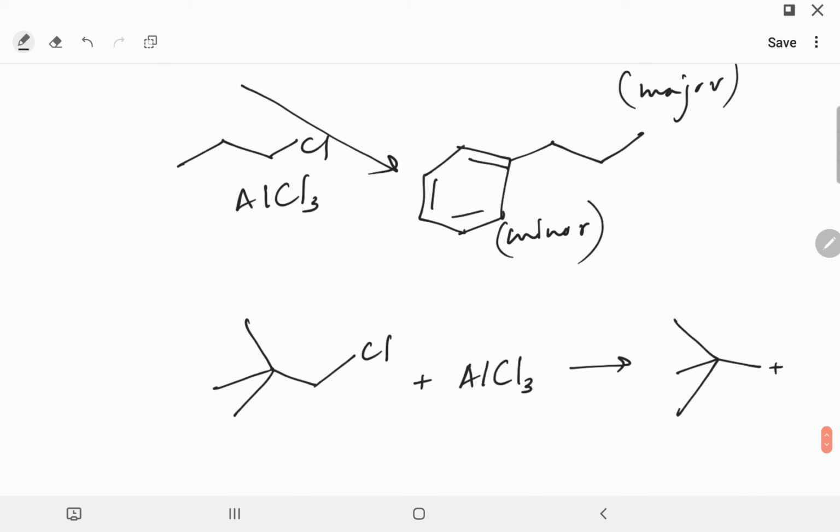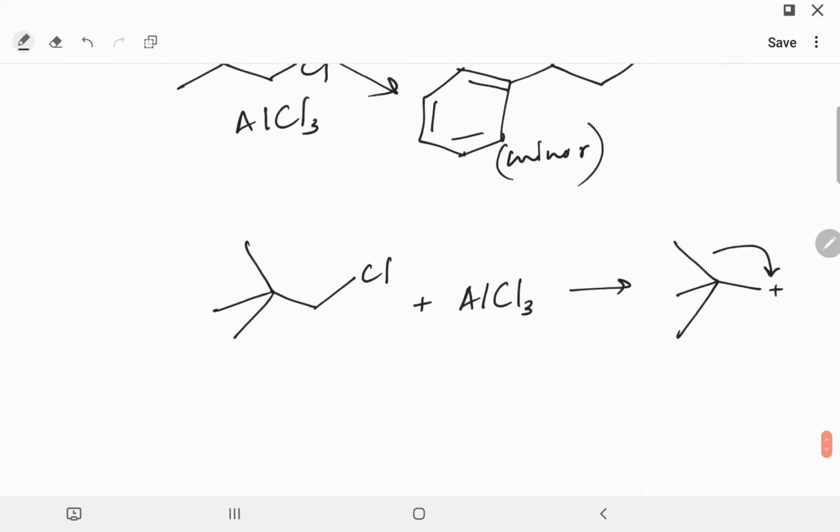But if there is a methyl shift, this primary cation could be converted to a tertiary carbocation. This tertiary carbocation is much more stable as compared to the primary carbocation.